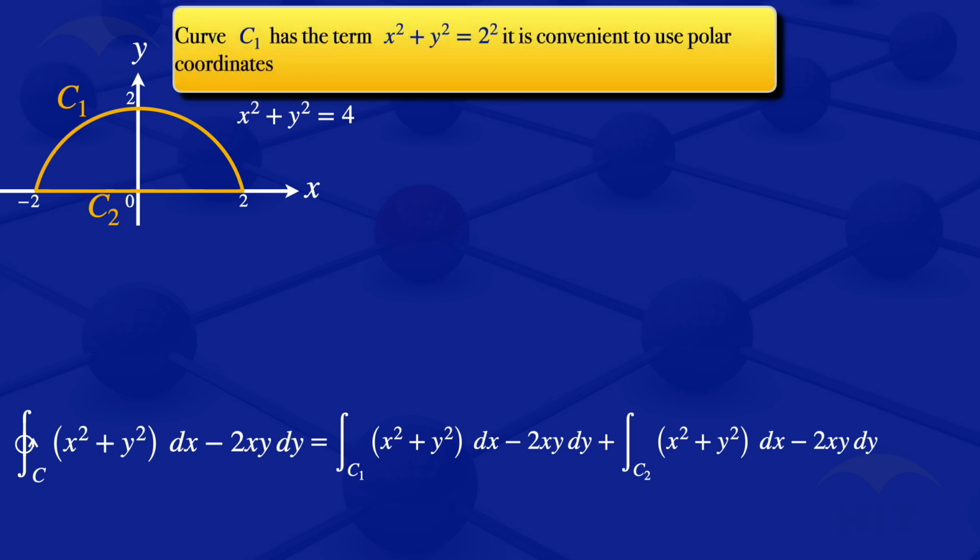In this case, it is convenient to use polar coordinates, because they will make evaluation of the integral easier. Comparing with the equation of a circle centered at the origin, x squared plus y squared equals r squared, we see that the radius r is 2. When transforming to polar coordinates, x equals r cosine theta, but r is 2, so x equals 2 cosine theta.